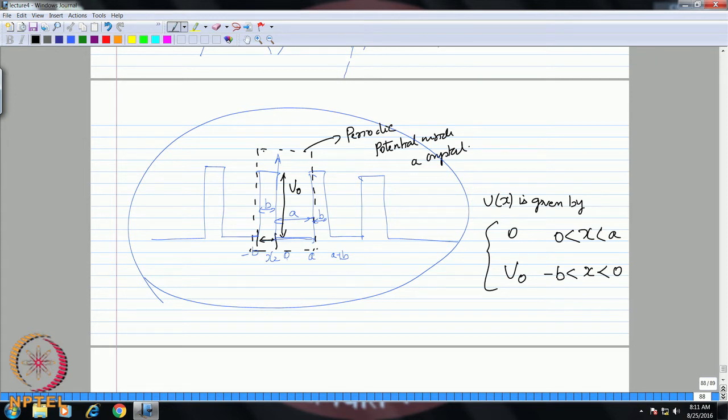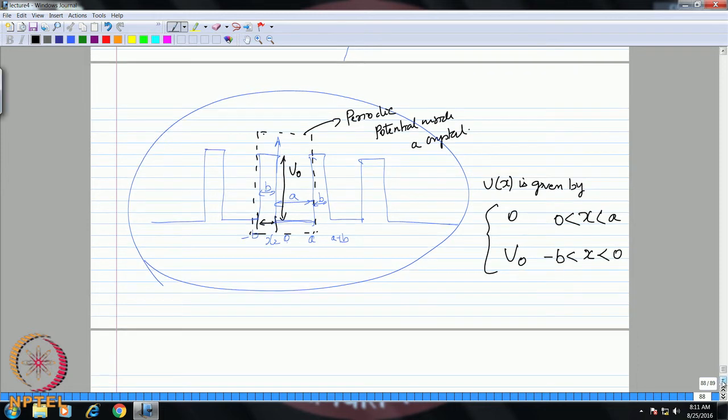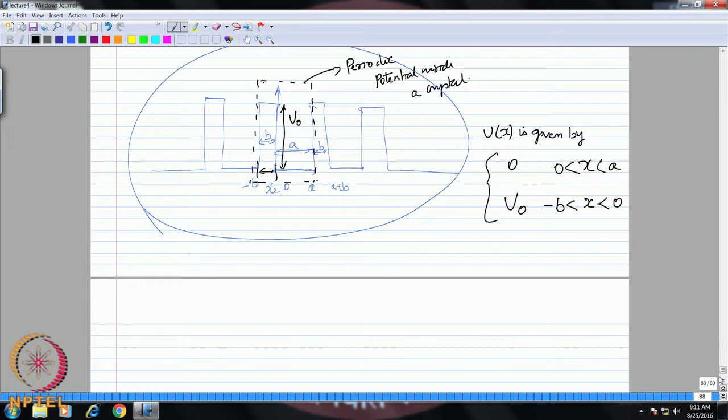Okay. So, now we have to solve the Schrodinger's equation for this particular periodic potential with this kind of constraints.